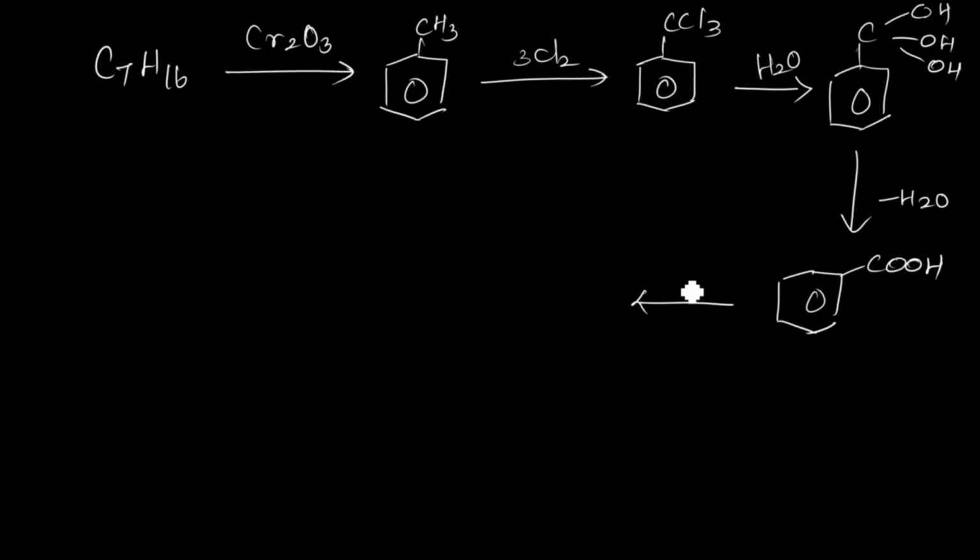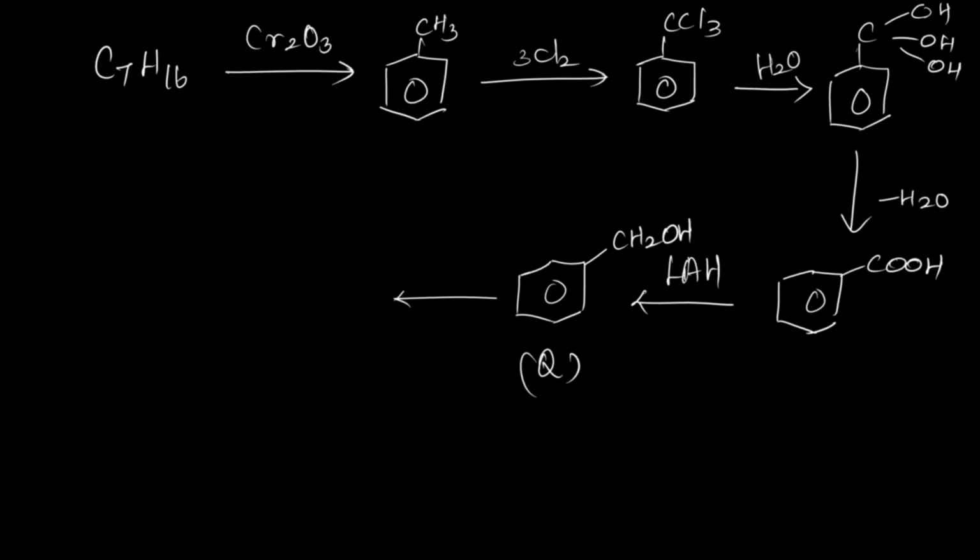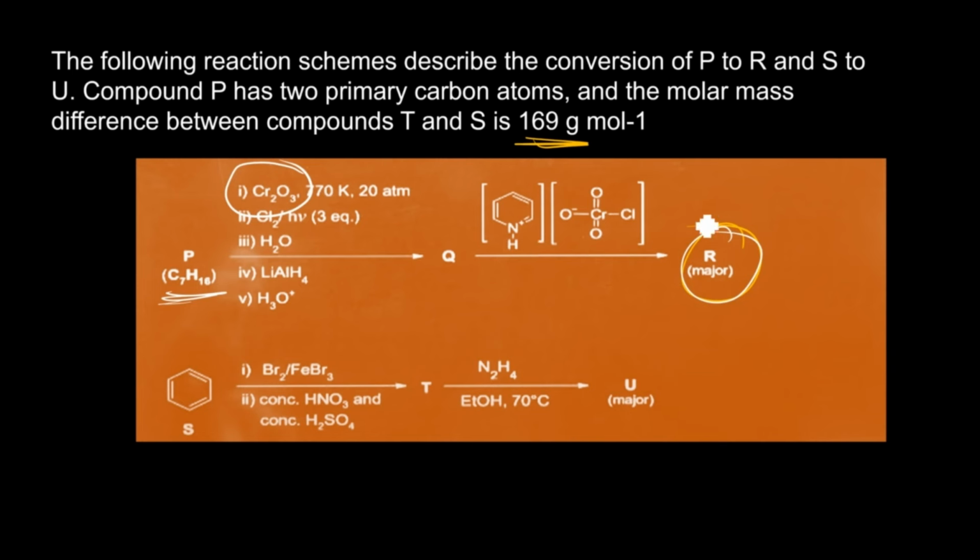After that, lithium aluminum hydride. That is a good reducing agent. It converts to primary alcohol. Then that is our Q. So Q is treated with this big molecule, pyridine, and this chloride chromium compound.